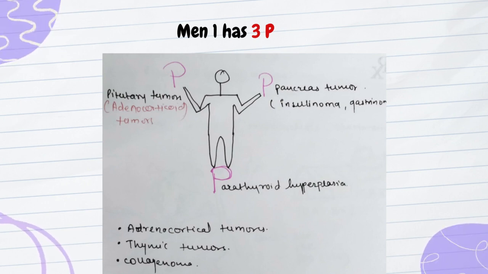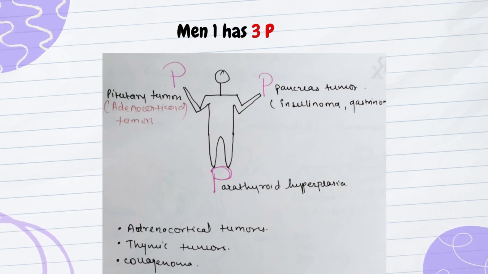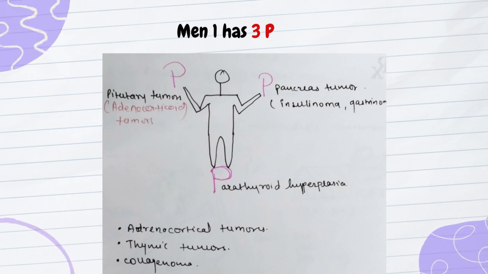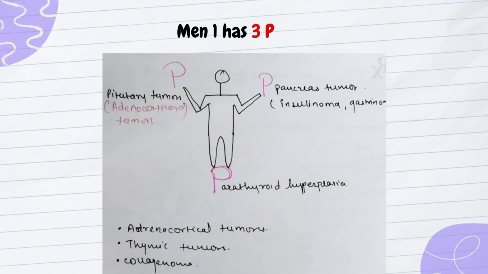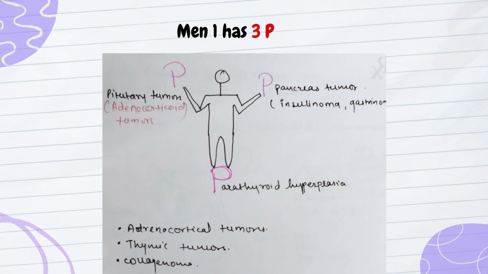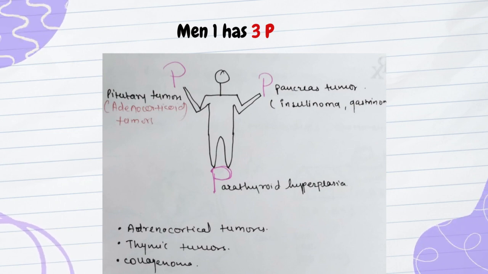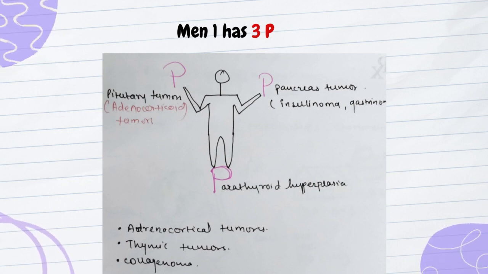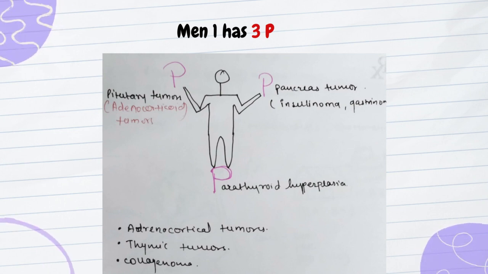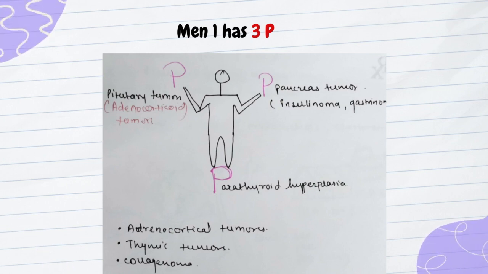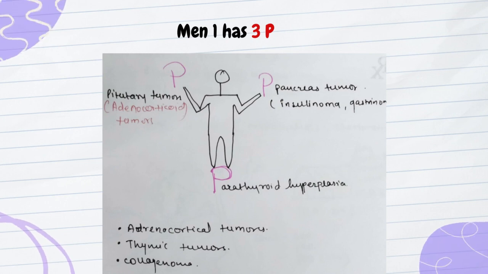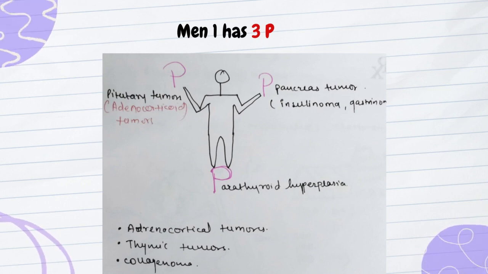So remember three P's, that is pituitary, pancreas, and parathyroid. If in a question there is the keyword adrenocortical tumors, remember it is associated somehow with the pituitary. Okay, so thymic tumors you can associate with parathyroid. So MEN 1 has three P's.